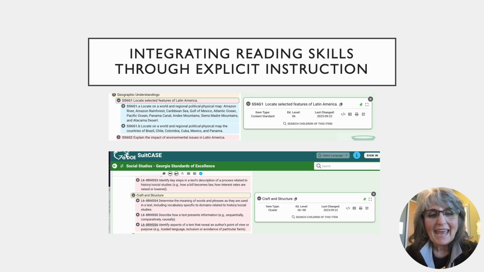When I'm looking at the social studies Georgia Standards of Excellence, I found they have also added some literacy in this particular one. Remember I said before that you might find that the GSE has already added some literacy in.